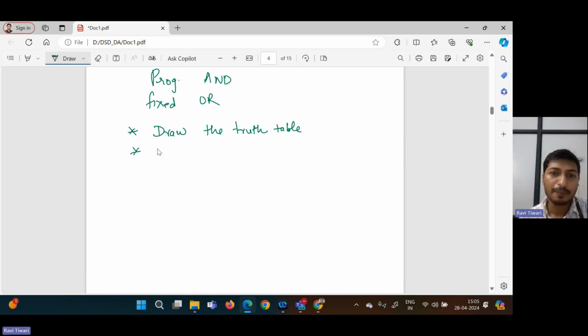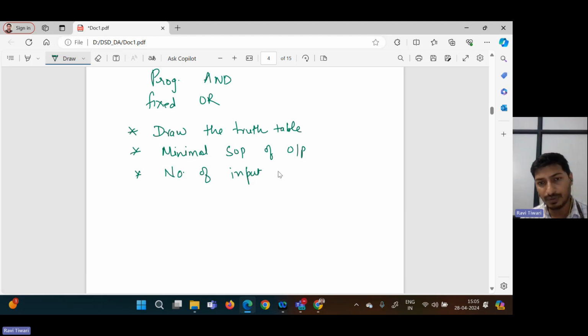Second step is finding the minimal SOP form, minimal sum of product form of outputs. In the third step, we need to find out the number of input buffers required.